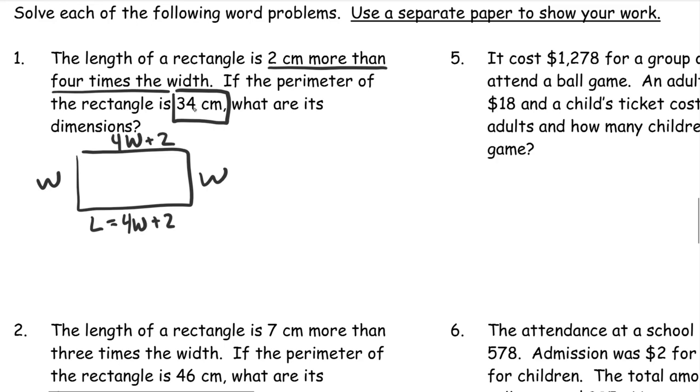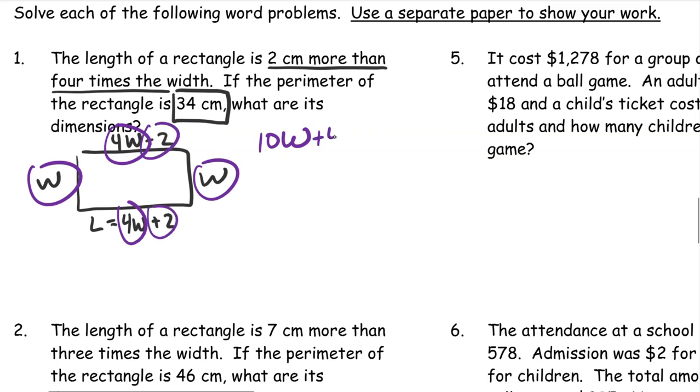This would be width, this would be width, this is 4 times the width plus 2 centimeters. So all the way around, the perimeter is 34. So if we added up all these sides, 4w and 4w and w and w, how many w's does that make? That's 10w. And 2 and 2 makes 4. And that equals 34.